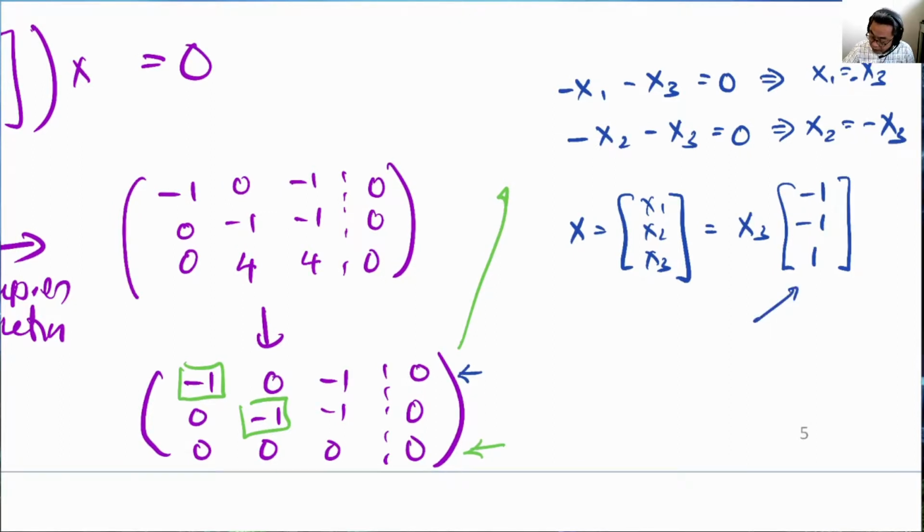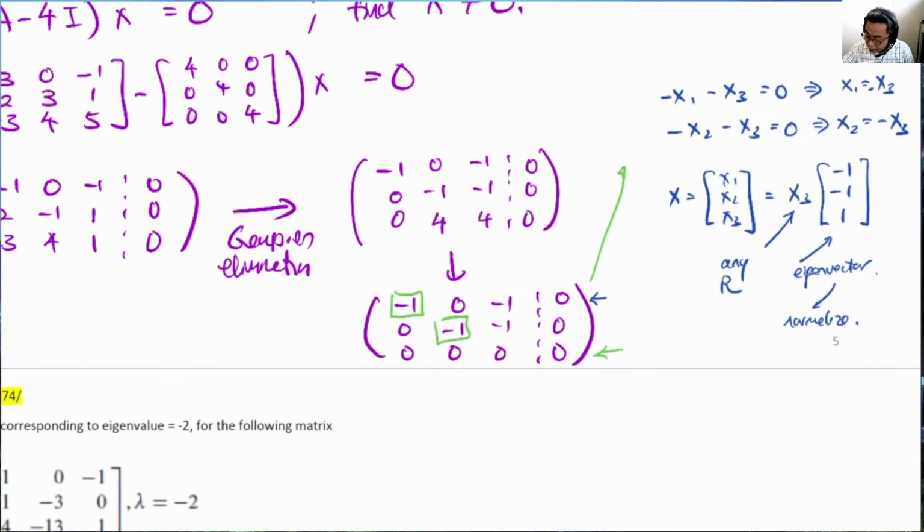Therefore, x3 can be any real number, and this is the eigenvector that we want. In MATLAB, when you generate the eigenvector, it is normalized, meaning we divide it by its length to get a unit length vector.